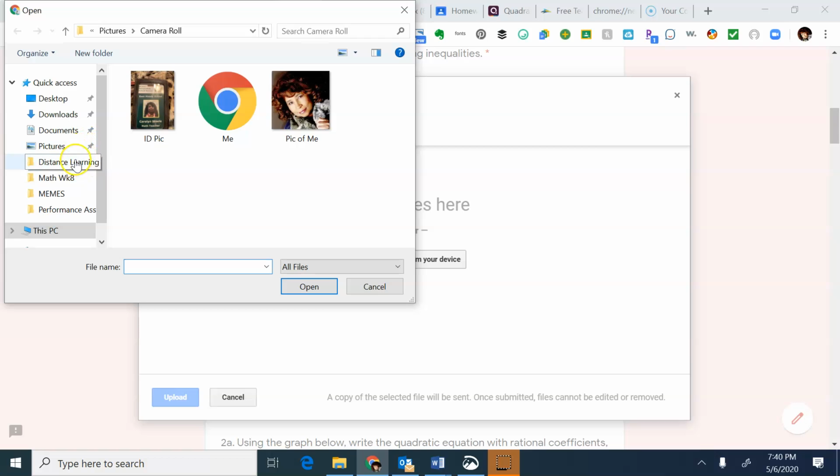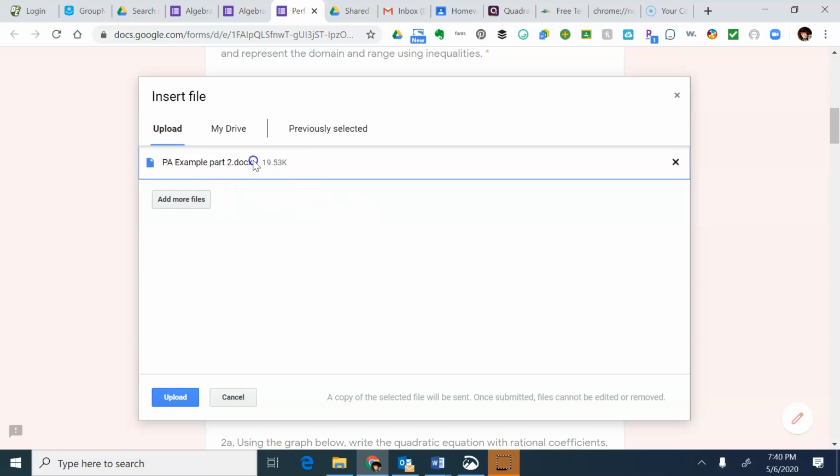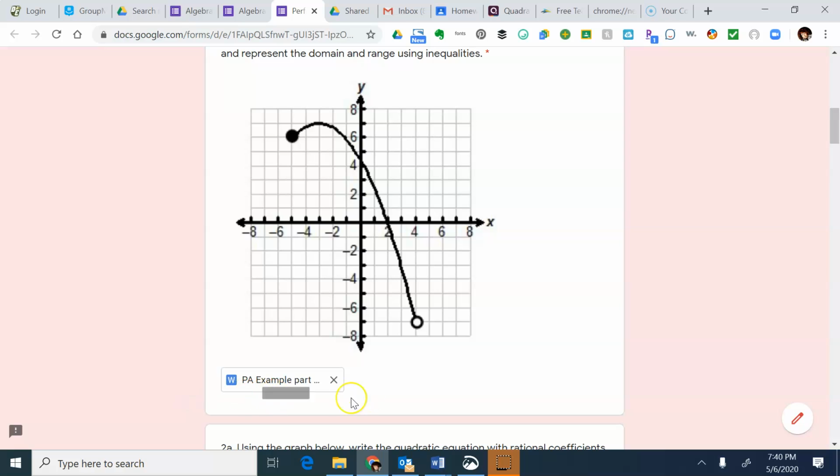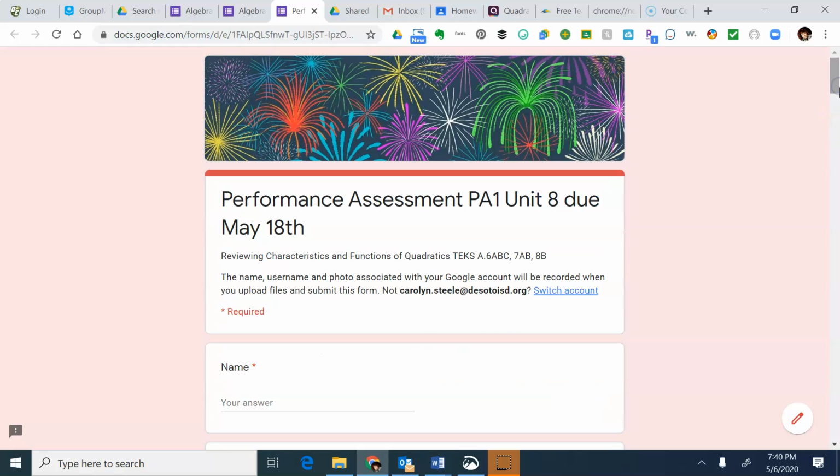It's in distance learning, PA example part 2. And when it shows up here, all you have to do is click on upload. And there you go. You've answered all of your questions in that one file, and you've attached it to the very first part of your performance assessment, and you are finished. Good job.